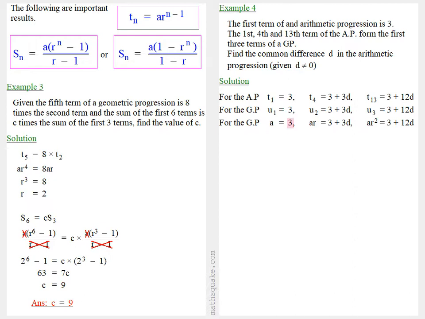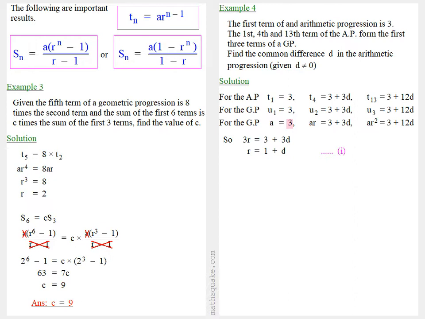Now if we substitute a equals 3 in ar equals 3 plus 3d, we get 3r equals 3 plus 3d. And if we divide all the way through by 3, we get r equals 1 plus d. Call that equation 1.